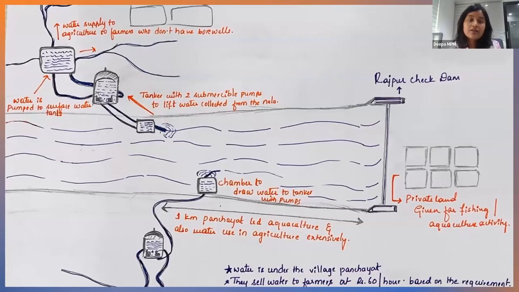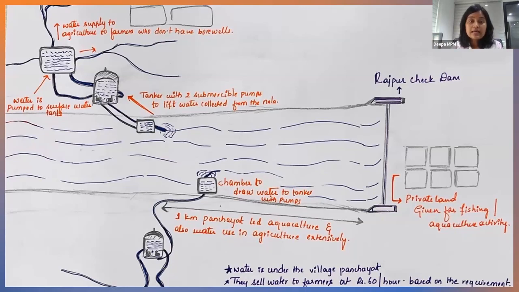These chambers have a pipeline connected to this major tank. And these tanks have two submersible pumps. They pump water from this chamber, and from there they pump water to the community water body. And from there they have made these laterals to supply water to the needy farmers, or the farmers who don't have a bore well.